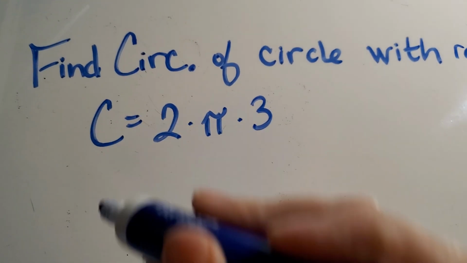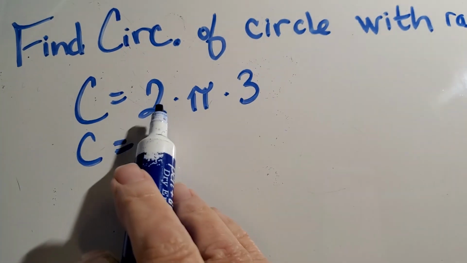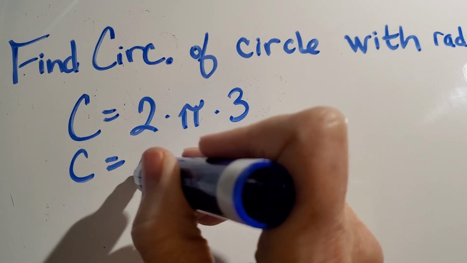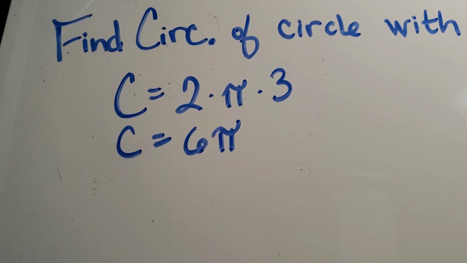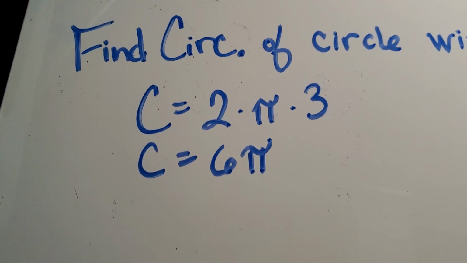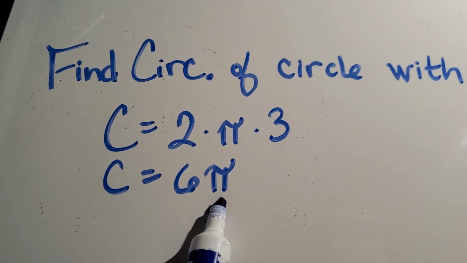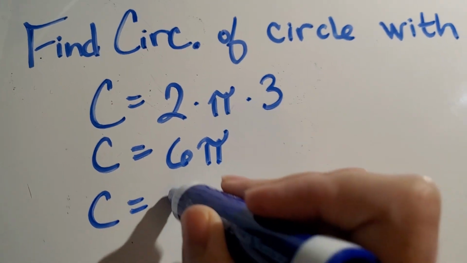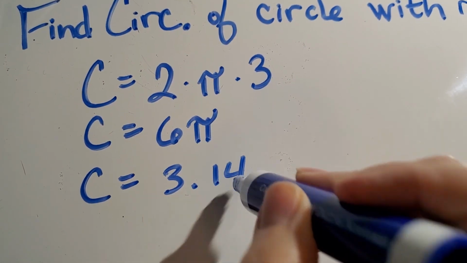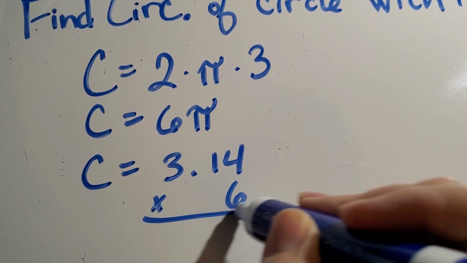And then you just simplify. The circumference equals 2 times 3 is 6 times pi, so 6 pi. And then again, I want you to go ahead and substitute 3.14 for pi. So the circumference equals 3.14 times 6.